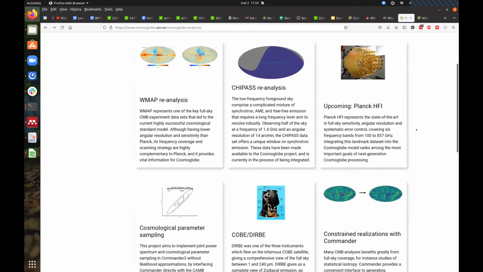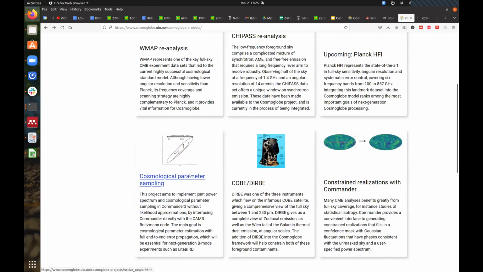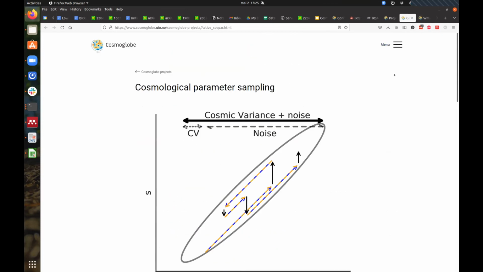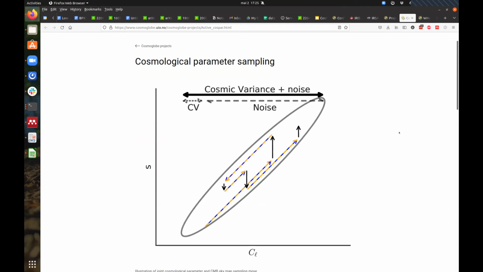As for the cosmological parameter project, I don't think Johannes is on. So in that case, maybe Duncan. Yeah. So I'll briefly say, one of the things that happens when we run a Commander analysis is that there's sort of intermediate steps. Essentially, we resample cosmological parameters, resample the CMB maps, and then run CosmoMC on those intermediate maps.